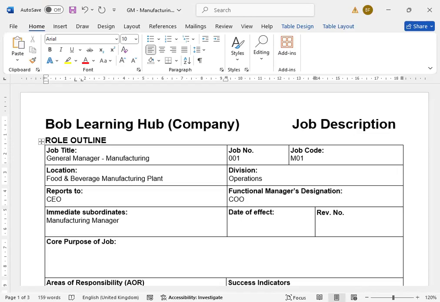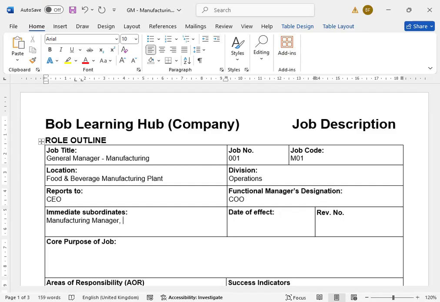There could be juices production, like banana juice, mango juice, pineapple juice, orange juice, and many others. Or there could be other products like milk production. So the number of manufacturing managers will depend on the size of the operation or the production.